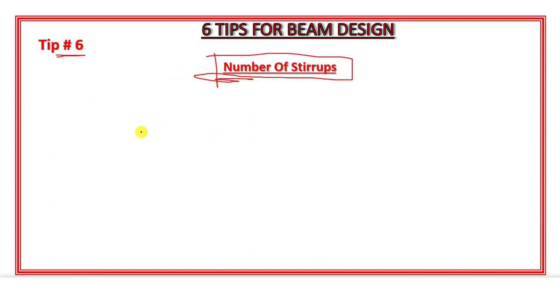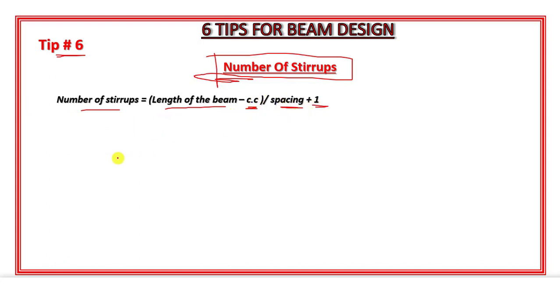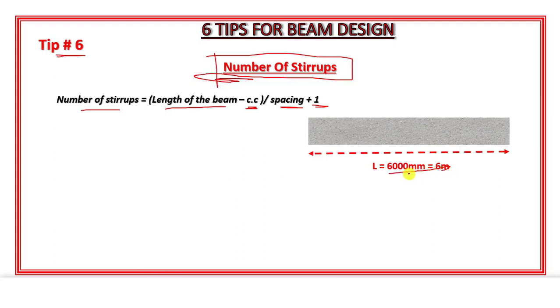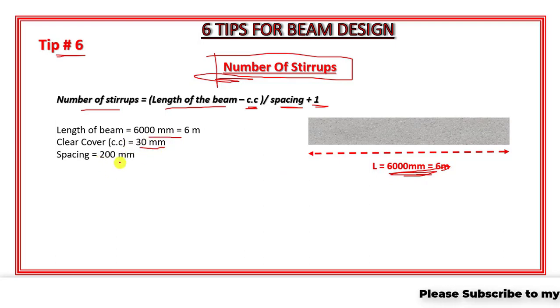So the tip number 6 is about finding out the number of stirrups. So the formula for the number of stirrups is length of the beam minus clear cover, divided by spacing, plus 1. So let's take an example here, and let's say I have a beam and its length is 6000 mm or 6 meter. The clear cover for the beam is 30 mm and the spacing is 200 mm.